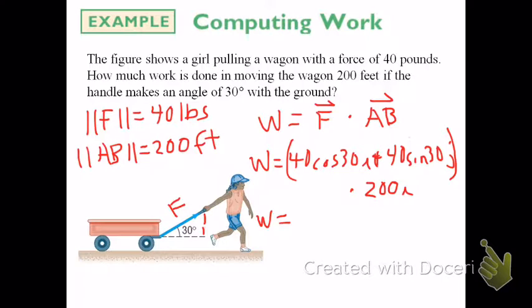And so when we dot this, we've got our 40 cosine 30, and we're going to multiply that times the horizontal component of the AB vector, which is 200.